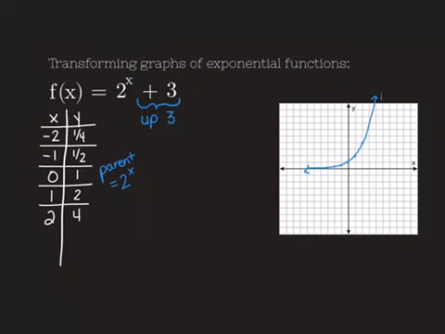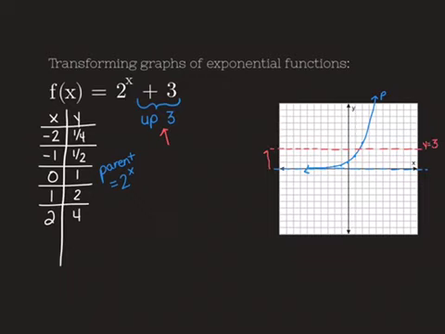And don't forget that we have our asymptote right here. So if I'm going to shift everything up 3, that means my asymptote also has to move up 3. So now my asymptote is right here at y equals 3.